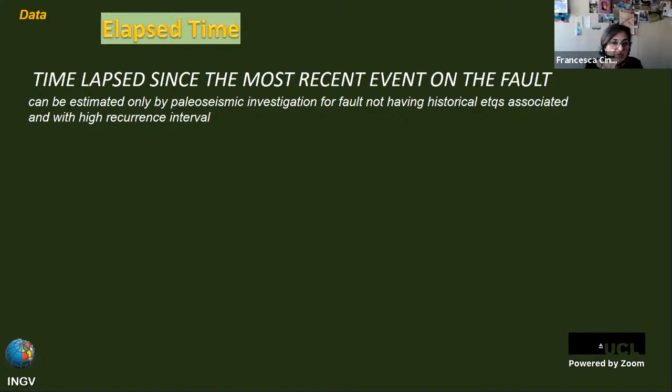The last parameter, very important, is the elapsed time. It's the time elapsed since the most recent event on the fault, and can be estimated only by palaeoseismological investigation for faults that do not have historical earthquakes associated with a high recurrence interval.